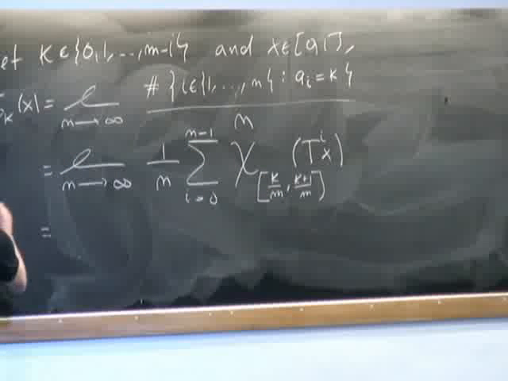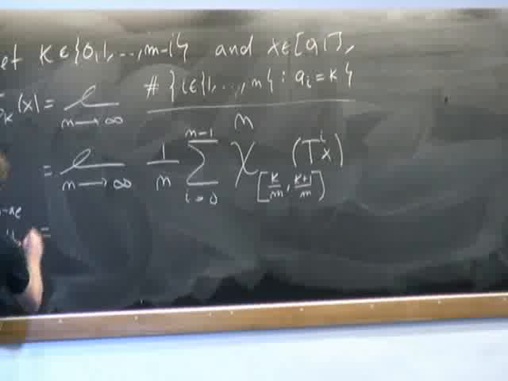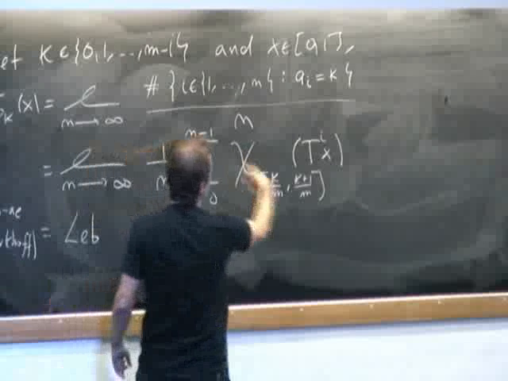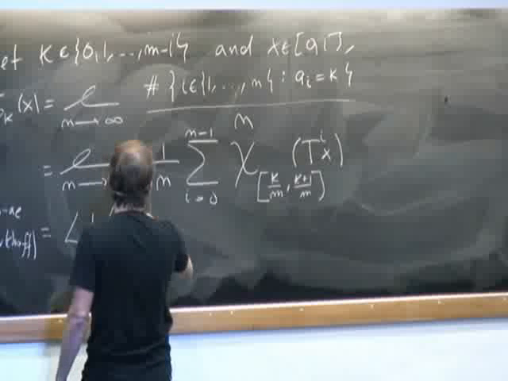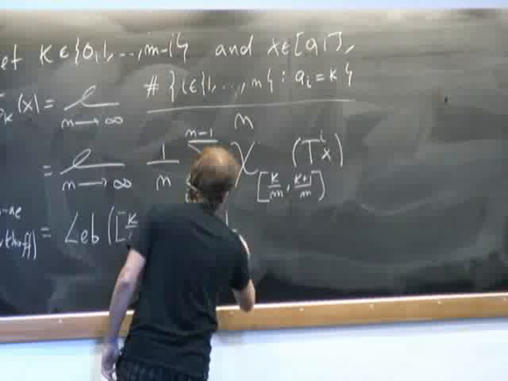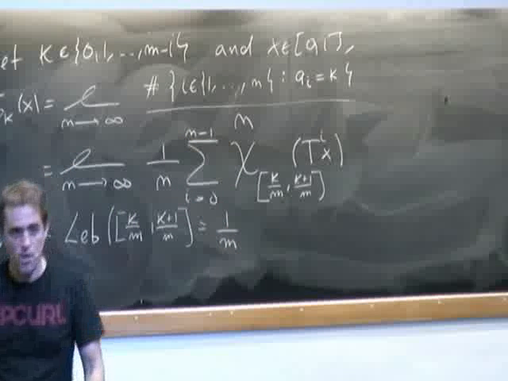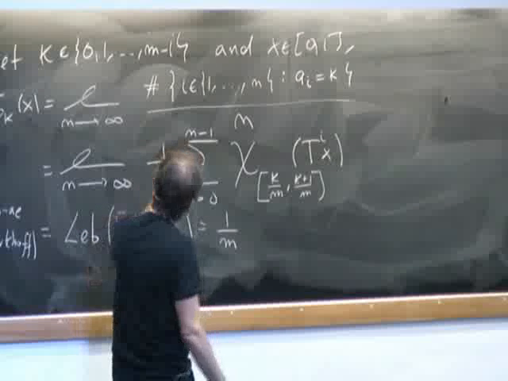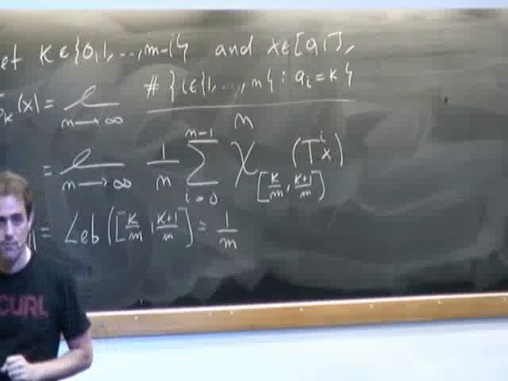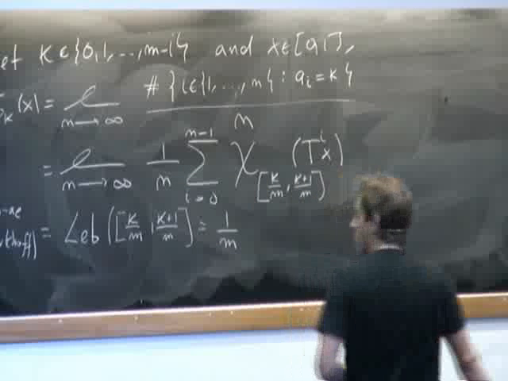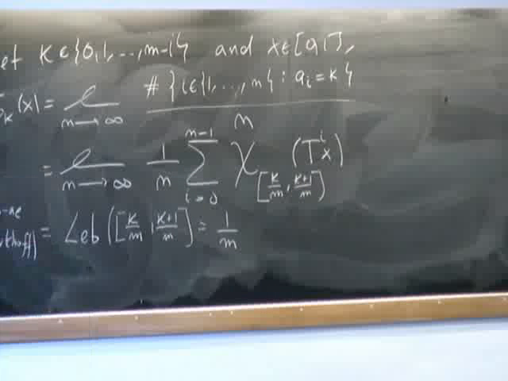This is Lebesgue almost everywhere, because of Birkhoff's theorem, equal to the integral of this, which is the Lebesgue measure of [k/m, (k+1)/m], and it's 1 over m. So the frequency of every digit is exactly the same, 1 over m, for almost every number.